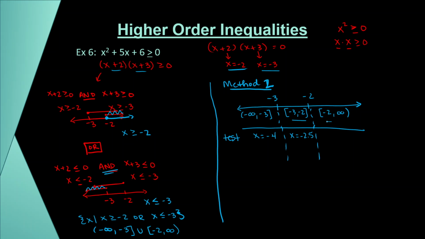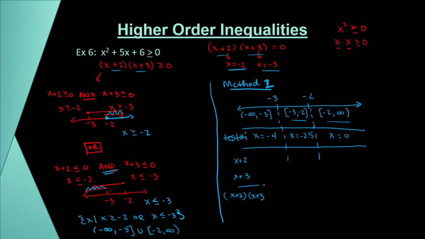And then I choose something bigger than negative 2, so maybe 0. Okay, and then we're going to test those in each of these factors, x plus 2, x plus 3, and then their product.